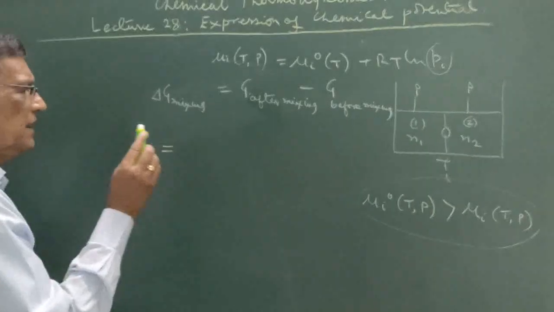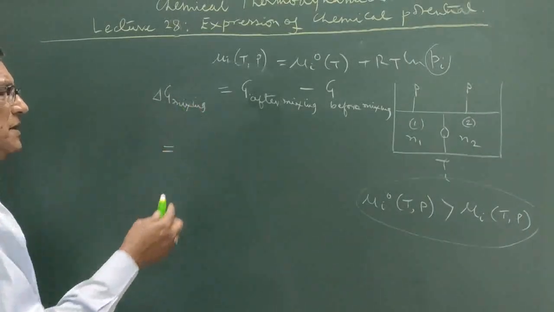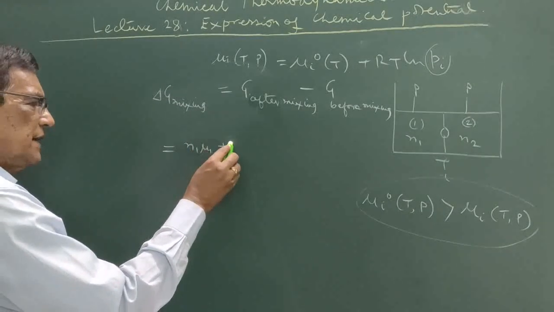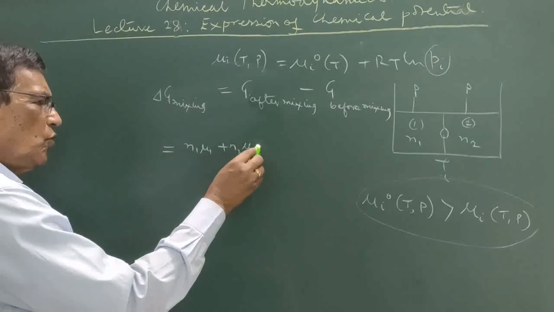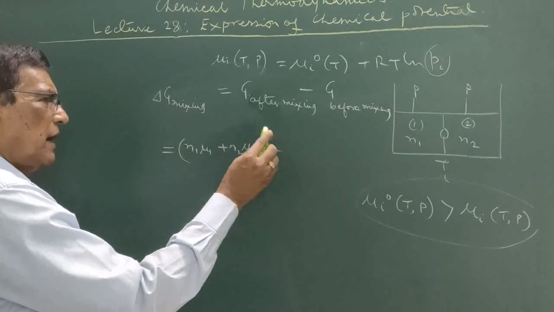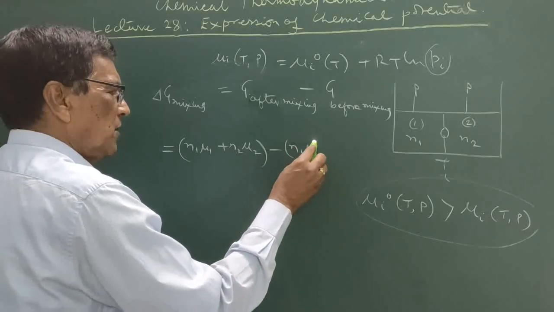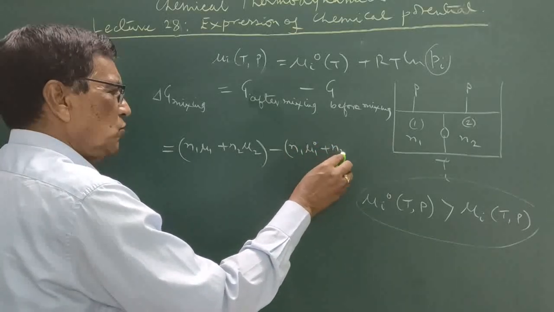After mixing it will be N1 mu1 plus N2 mu2, and before mixing it will be N1 mu1 naught plus N2 mu2 naught.